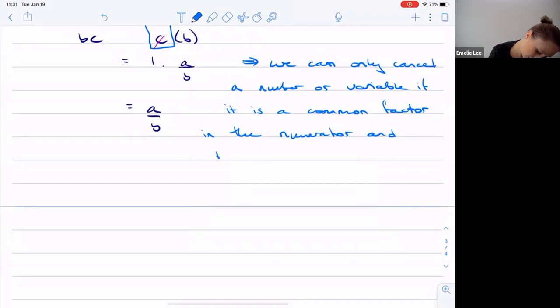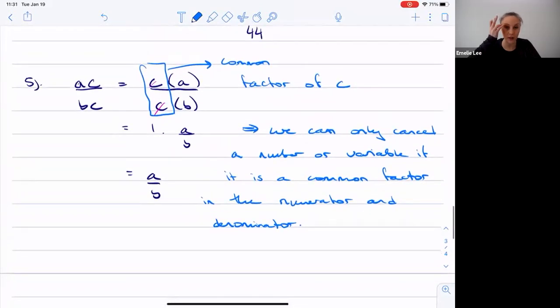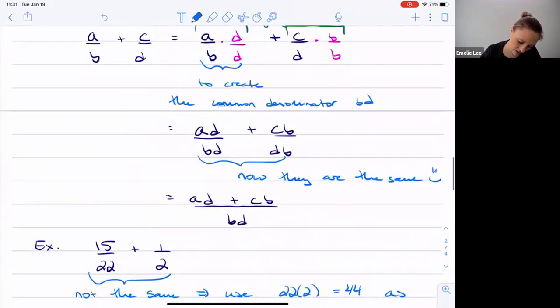Okay. So like I said, we'll come back to factoring, but basically you're just pulling out multiples, right?